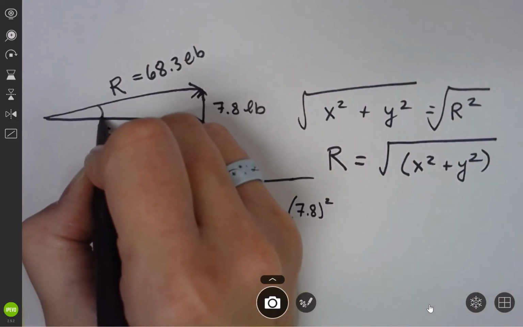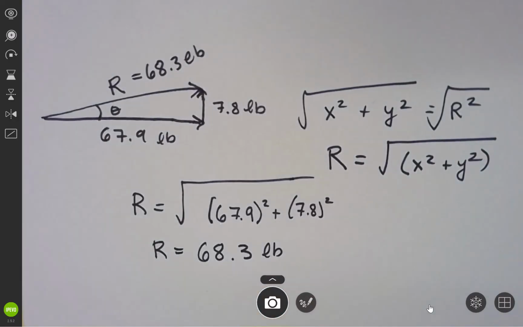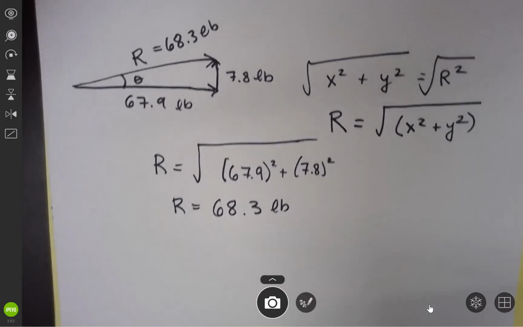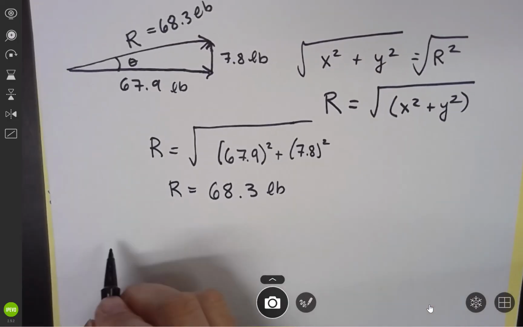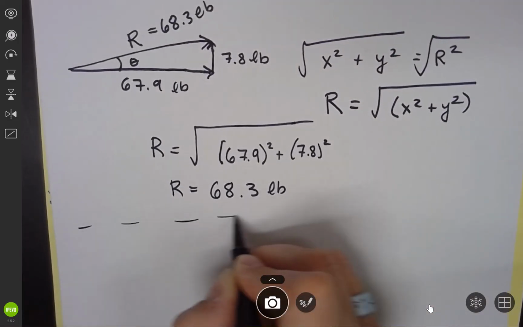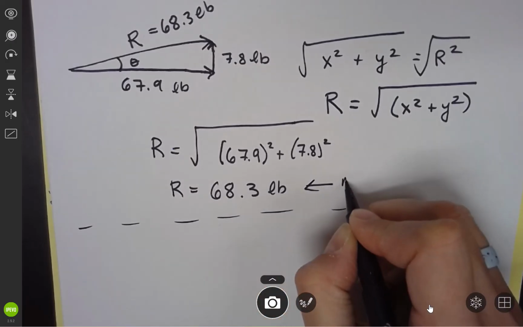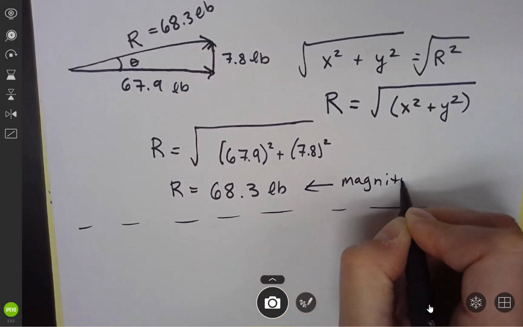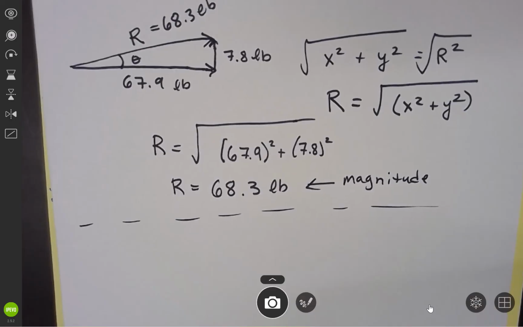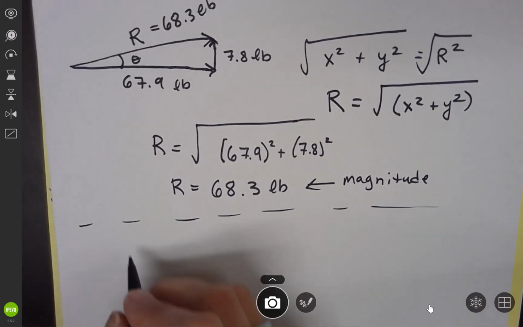But don't forget, I also need to know what this angle right here is. Our trig function for finding that says that the tangent of any angle, so that is the magnitude. Now I have to find the direction, because with vectors we also care about the direction.